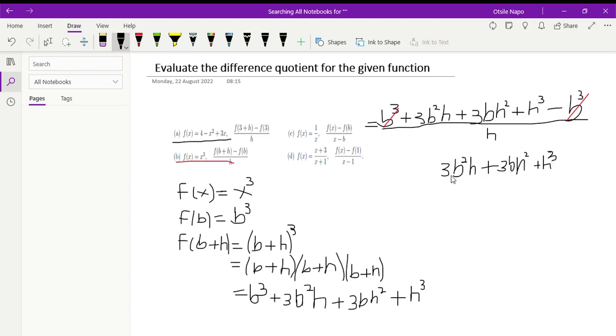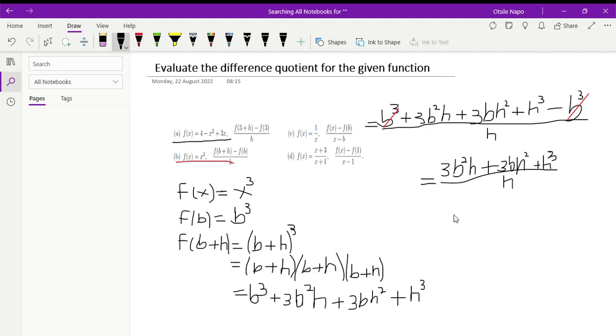So challenging. So let's find a common factor. So our common factor is h. Did I make any mistake over there? Okay, no, I didn't make any mistake. Therefore, let's continue.